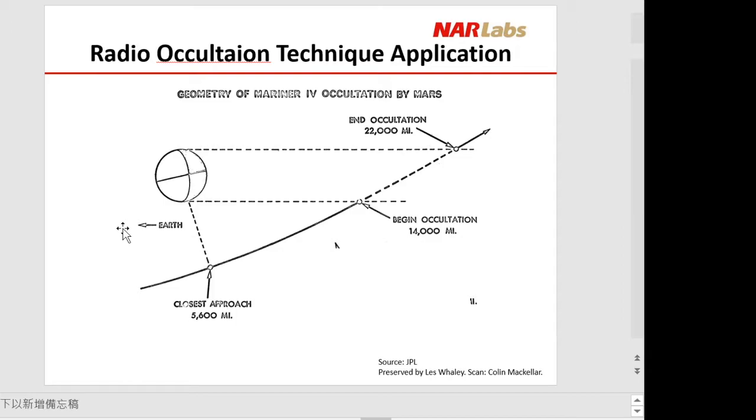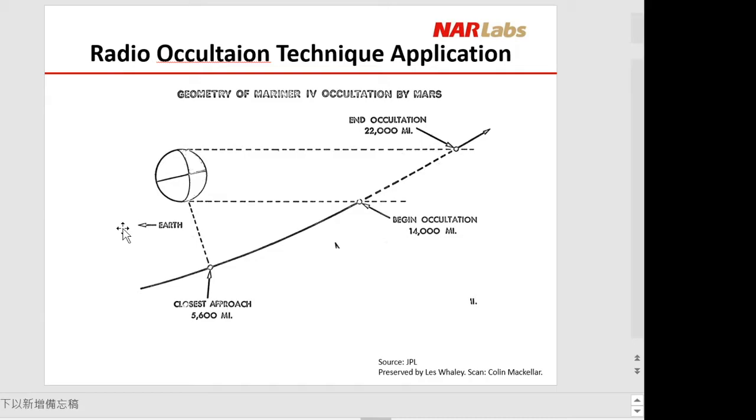This is the first time people applied the radio occultation technique. That was on Mariner 4. Mariner 4 was launched in 1964, and when it was launched, people hadn't thought about applying the radio occultation technique, because the mission was mainly to take photos of Mars.